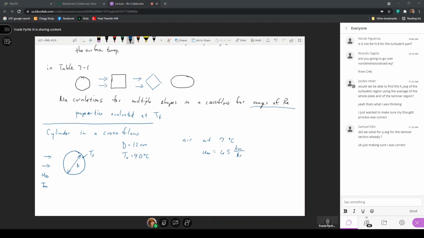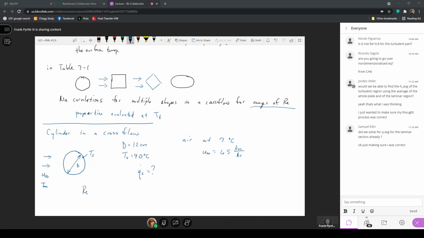We want to determine the heat flux on the surface. So here's a cylinder in a cross flow. Again, we don't have to determine whether it's laminar or turbulent. We just need to get the Reynolds number because we'll use that.